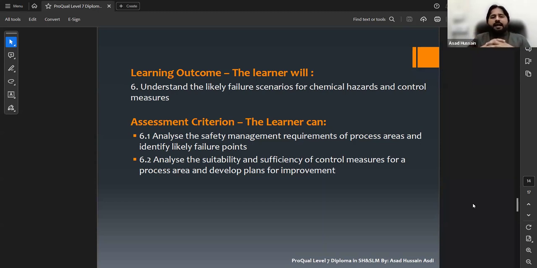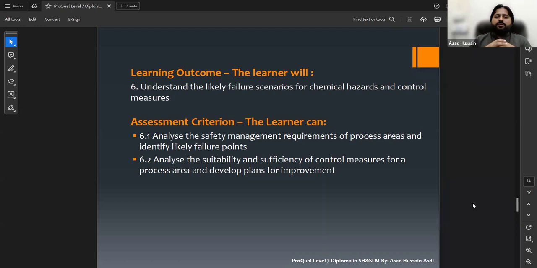Definitely, if you have identified something, you will apply control measures. But simply applying control measures is not enough. You have to make sure that the control measures you have applied are suitable and sufficient for that specific chemical hazard, because generic control measures will not work for this purpose.